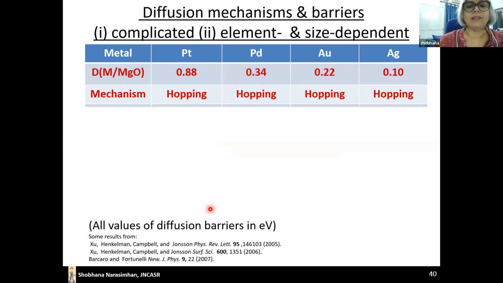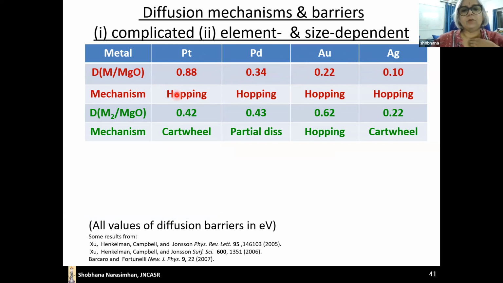And if I take just the monomer and look at different metals, so the diffusing monomer is platinum, palladium, gold, or silver, then for the particular case of the monomer, there's only a single mechanism possible, which is hopping, but that's not true for the larger clusters. And you see the diffusion barriers are quite different for the four metals.